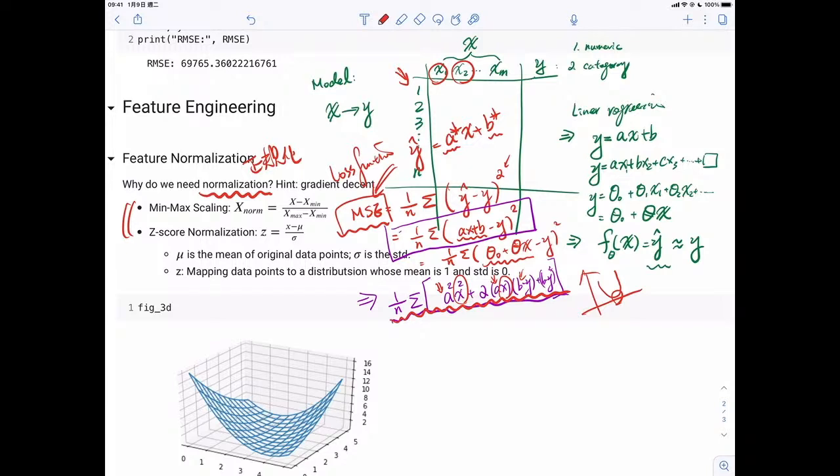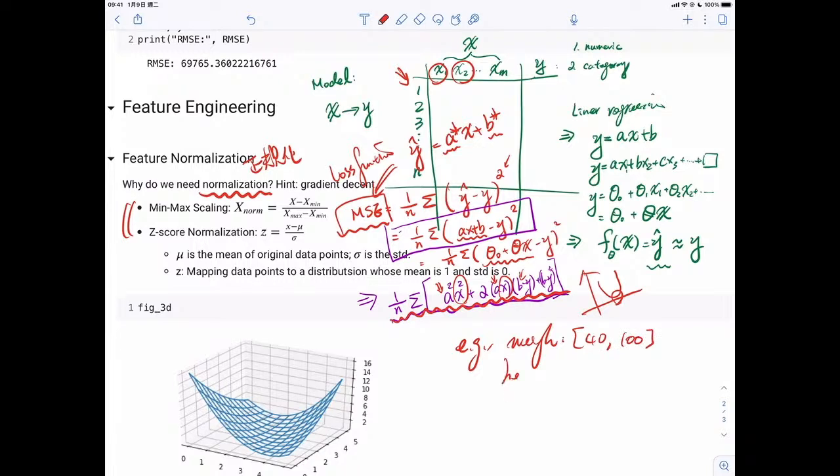For example, your weight may be between 40 kilograms and maybe 100 kilograms, so most of the values are between 40 and 100.